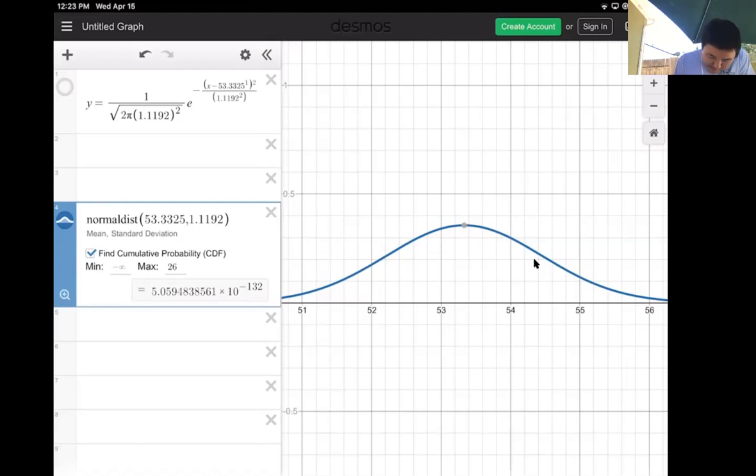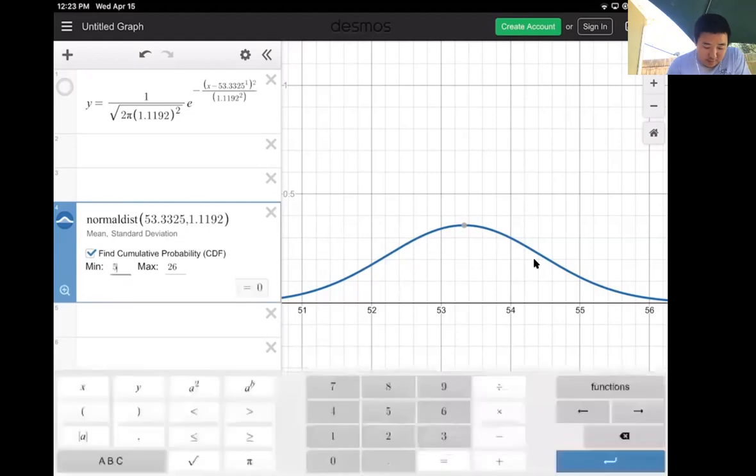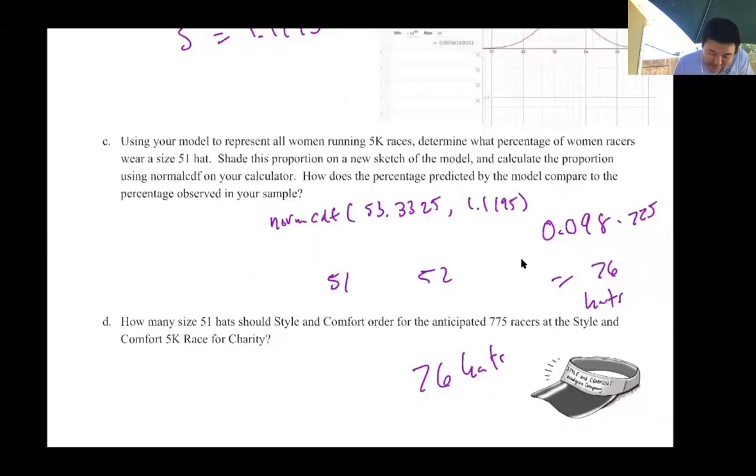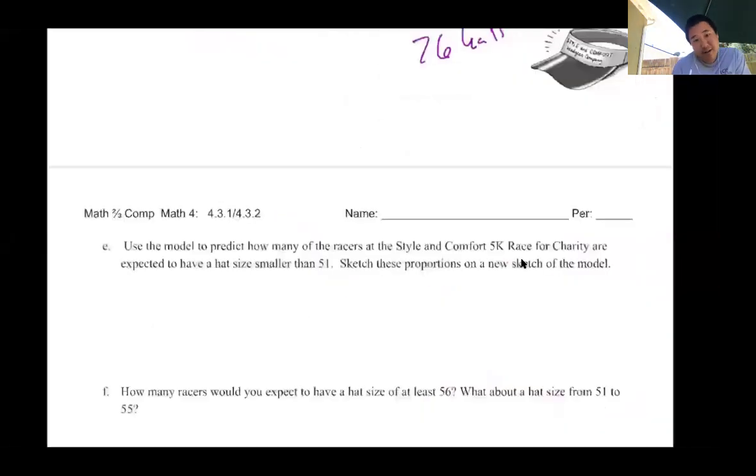How many size 51 hats does she buy? 76 hats. Use the model to predict how many racers at the style and comfort race are expected to have a hat size smaller than 51. So make this 51. And honestly, you could do 0, or you could do negative 9 E 999.